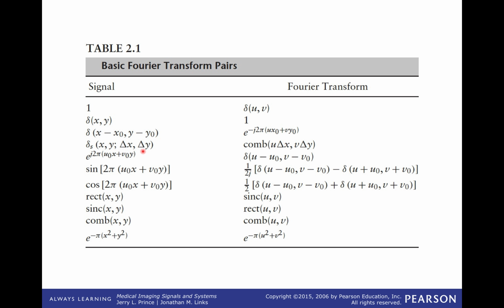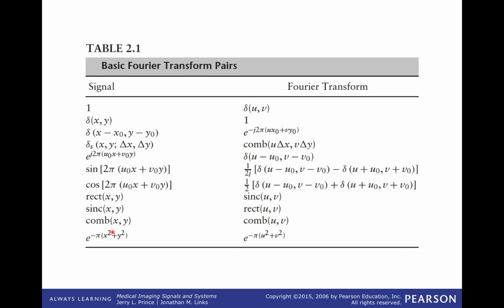Well, we know this one here because we already did it, right? This transform pair and this. Sine of a plane wave gives us delta functions. Cosine of a plane wave gives us delta functions in the plane. The rect is sinc. Sinc is rect. The comb goes to comb up here. We already saw that.